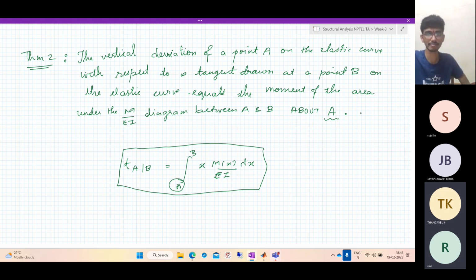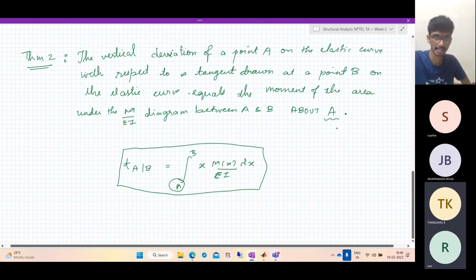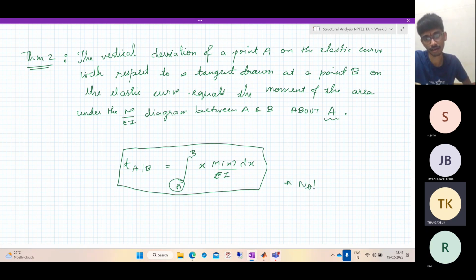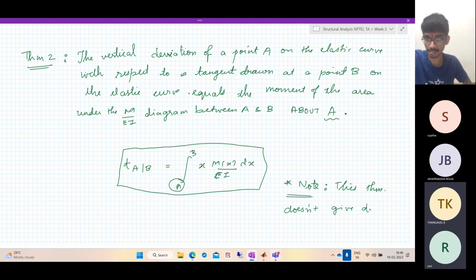But you should be careful about this theorem by itself. Note this theorem doesn't give deflections. It gives a tangential deviation.